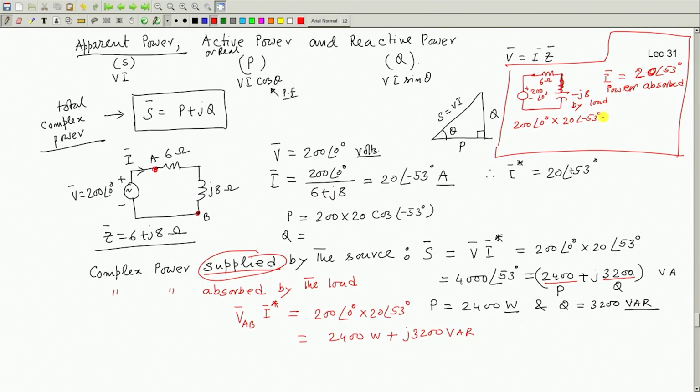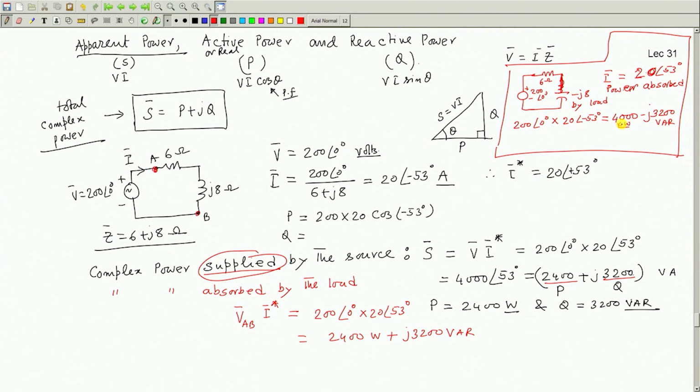If you calculate this, the real power will remain the same, that is 4000 watt real part, but this is sin theta, minus sin theta. So, minus j3200, so much var, and this is so much kilowatt.